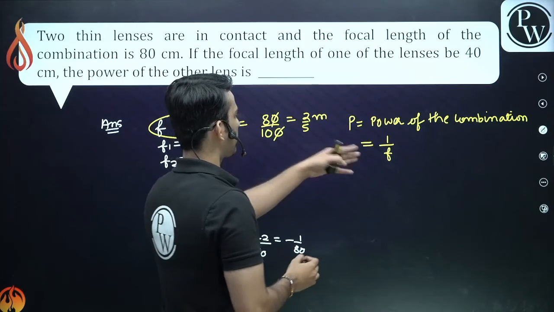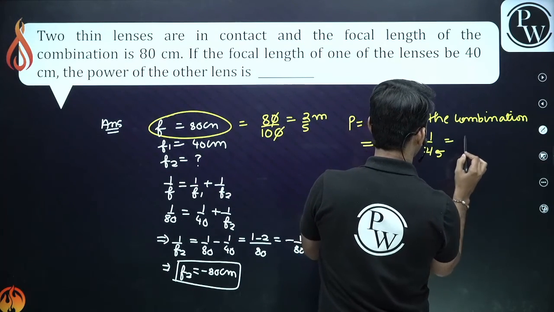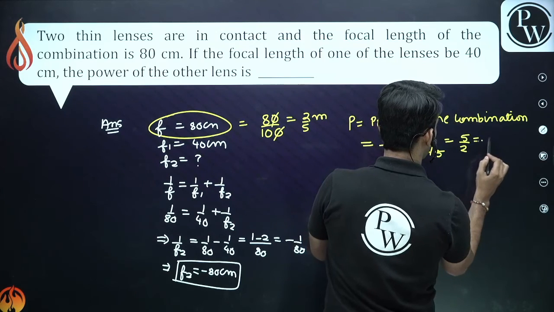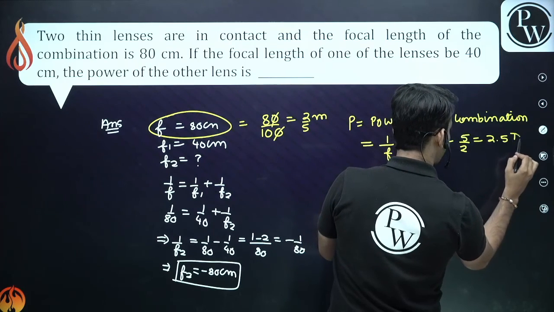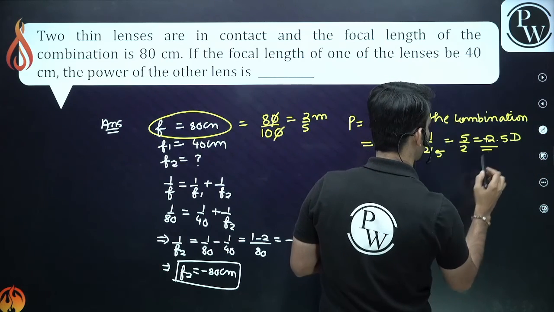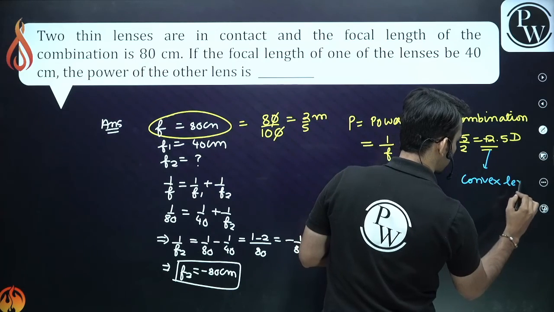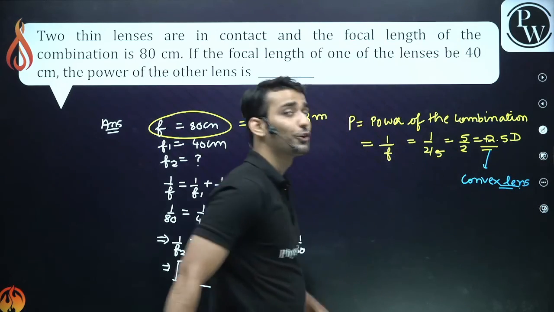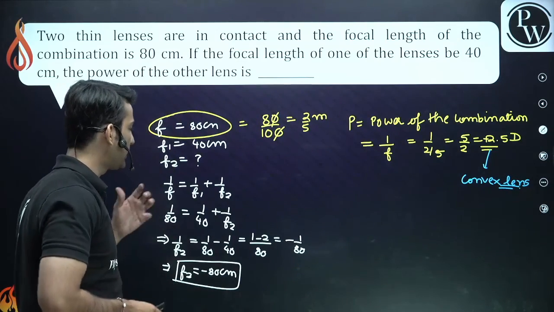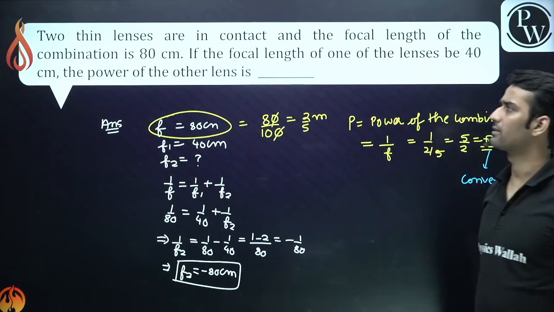Okay. So the effective power is 1 by F, 1 upon 2 by 5, which is 5 by 2, and that is 2.5 diopter, and it is positive. Positive means converging. It is acting as a convex lens. Clear, guys? So this is how you calculate the effective power, effective focal length and power from individual lenses.